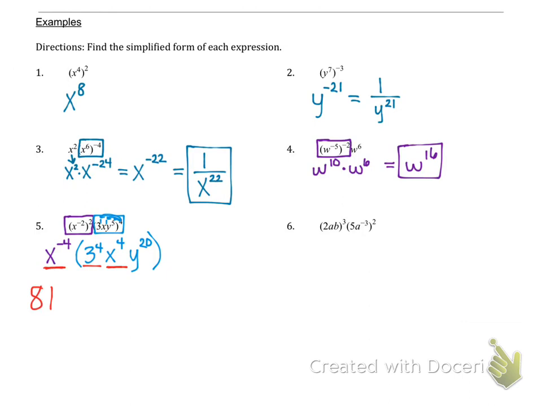So negative 4 plus 4 is 0. So I have x to the 0 power, and then I have y to the 20th power. Now we can simplify this a little bit further because anything to the 0 power is equal to 1. So 81 times 1 is just going to be 81 y to the 20th power. And that is your final answer.